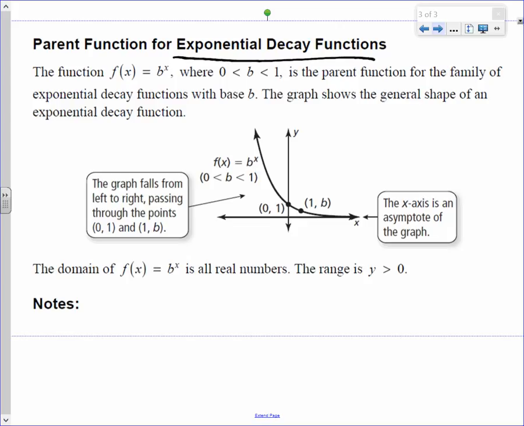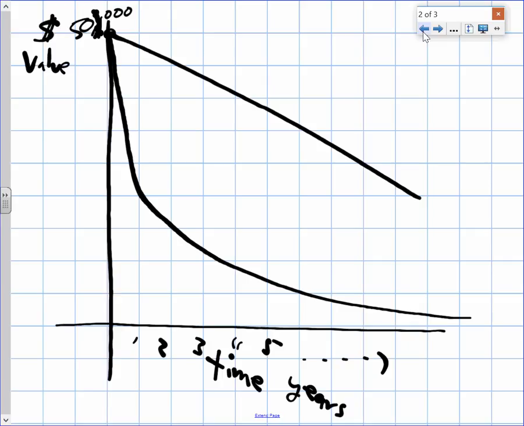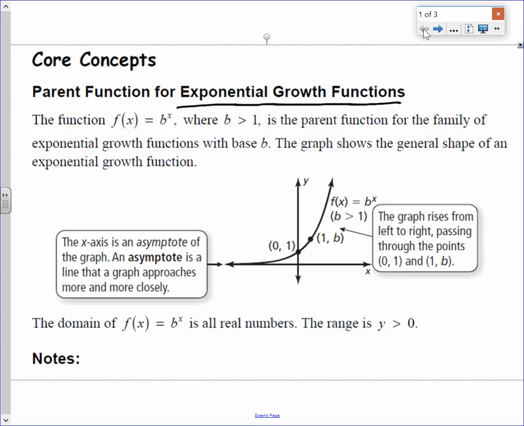So exponential growth versus exponential decay. Exponential decay is going down, and exponential growth is going up. These two types of functions model different things in reality. This is why we teach this to you.